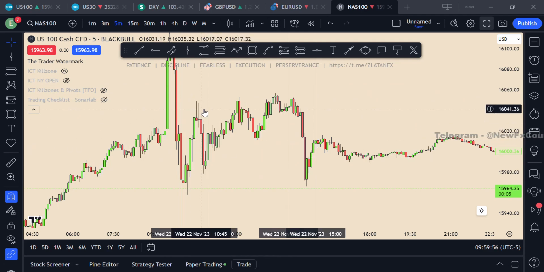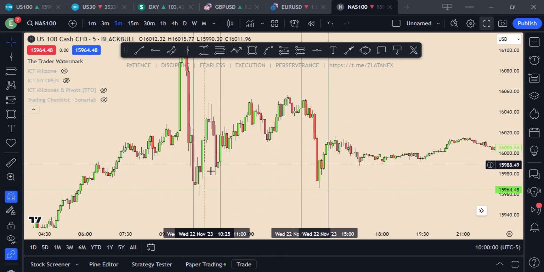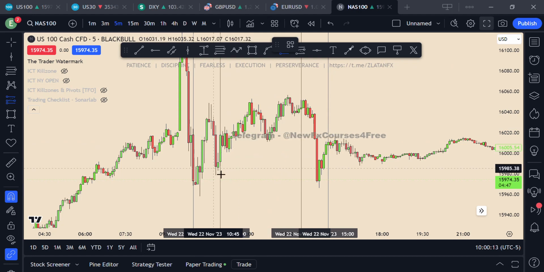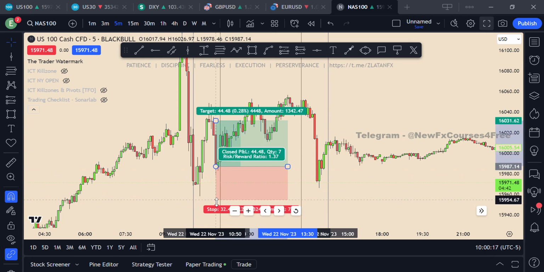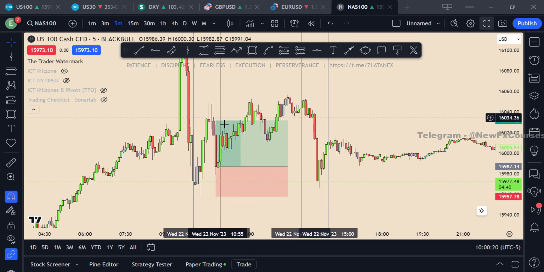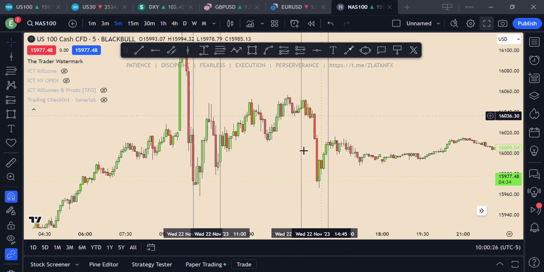Now it doesn't mean the whole move has to happen during this time window, but you want to use a specific fair value gap that forms at that time window. And you could see, yeah, we expanded a little bit. We took this trade, and this low would have been our stop, and we targeted 2R as usual, and that would have been a 2R, right? So we wouldn't have any problem missing this guy right here.